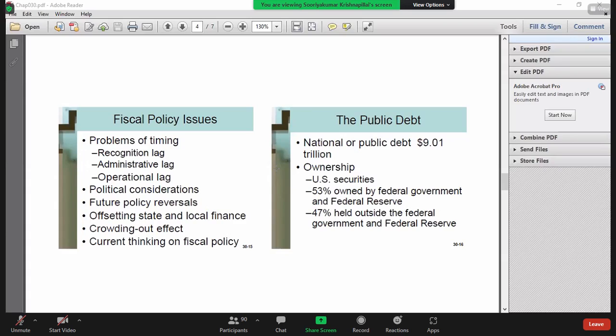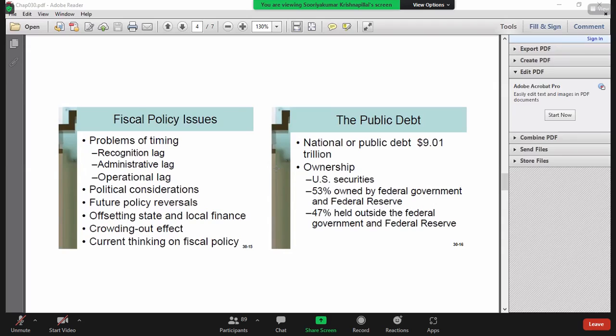The other one is the crowding out effect. Now when the government increases its expenditure, it has to borrow from the public. So when the government increases expenditure, it borrows money from the households or public, so the interest rate increases.